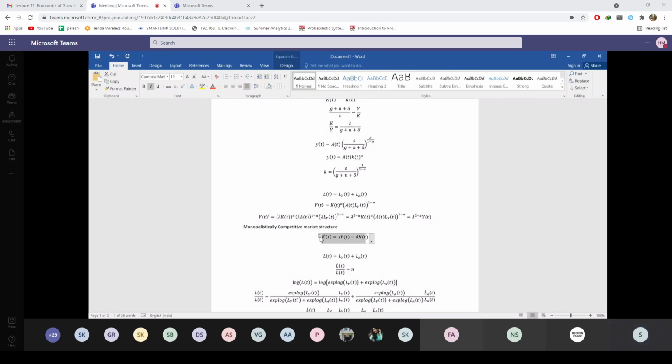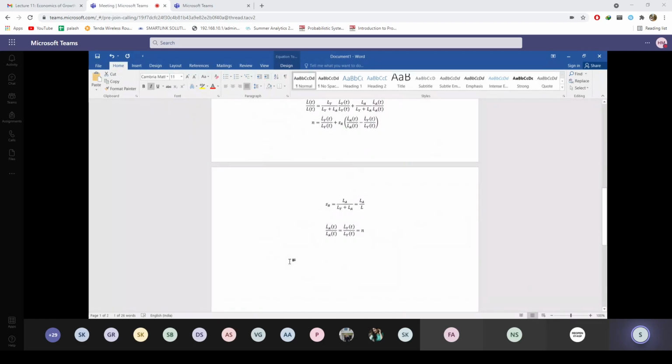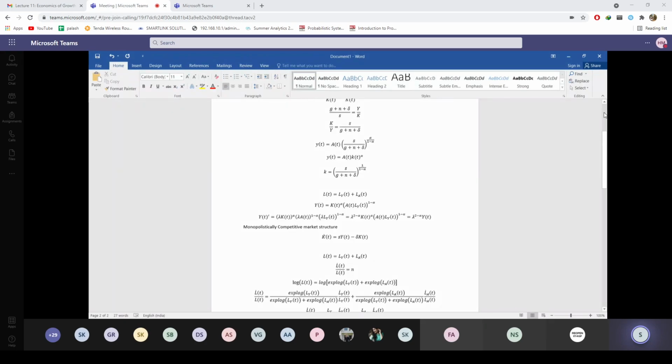Now, let me go directly to this fundamental equation. Again, as I said, the household is saving a constant fraction S of his total income, and it is basically invested. Okay, now I am going to do the identical manipulation over here.